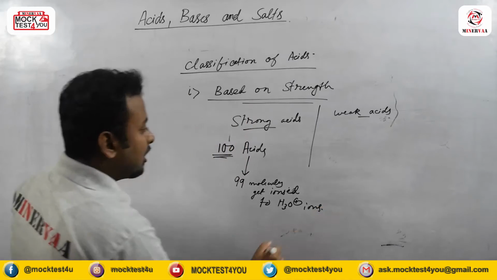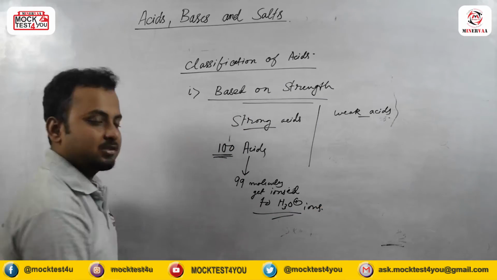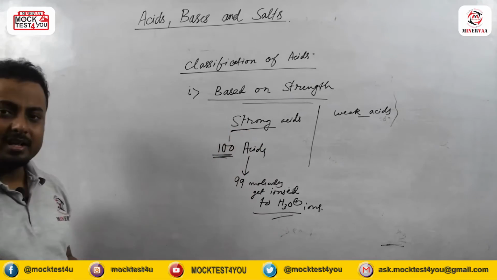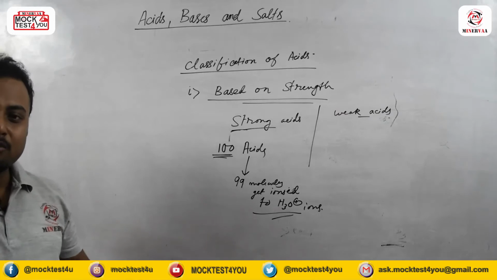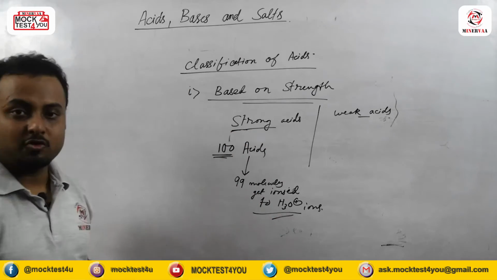Okay, so almost all the 100 molecules of acid are giving H3O plus ions. So at that time the acids are strong acids. Why are they strong acids? When the acids are completely ionized, almost completely ionized, at that time the acids are strong acids.